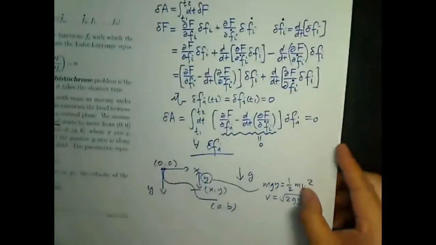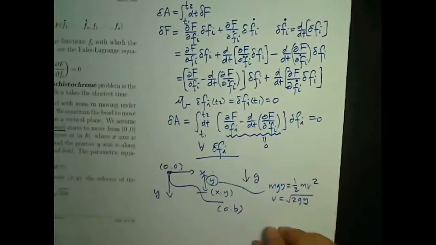So another application is the Brachistochrone problem. The Brachistochrone problem is to find out the path of moving a particle from A to B under gravity.